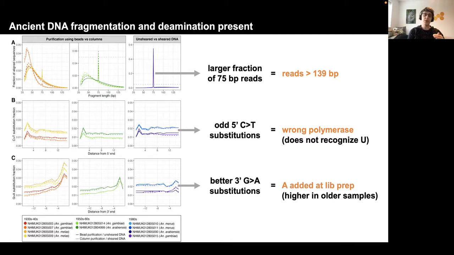The important thing to note here is this was sequenced on a HiSeq 2500 with 75 paired end chemistry. So you read 75, and then if you have a short insert, those two overlap and you get a single read. The longer the DNA you have, in this case longer than 139 base pairs, the less overlap you will have and the higher the fraction of the 75 base pair peak will be.